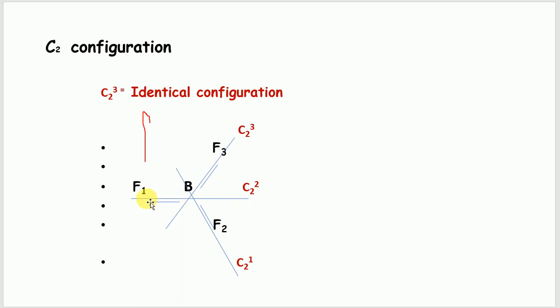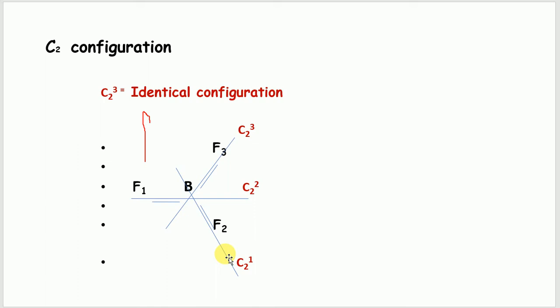You can see here the axis passing through boron and one of the fluorine atoms is a C2 axis, because if the molecule is rotated by an angle of 180 degrees, it will result in an indistinguishable configuration.